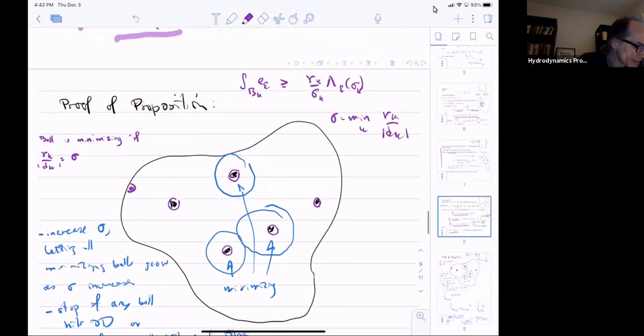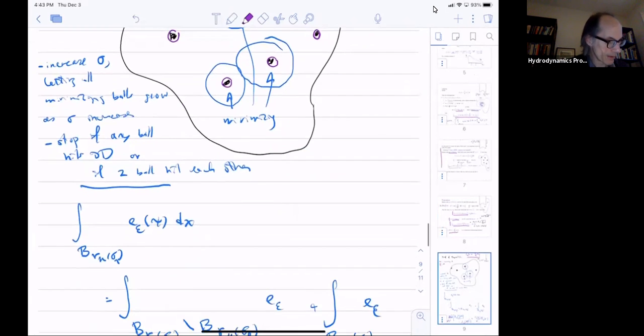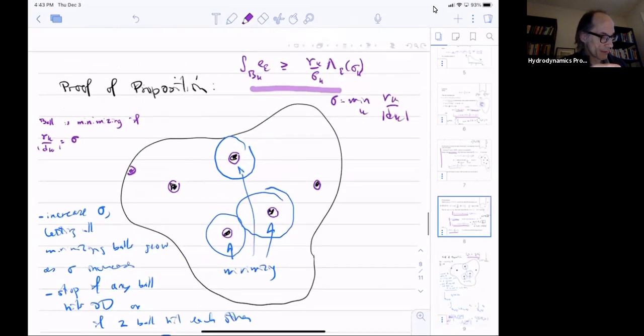Now consider a non-minimizing ball. And I want to show again that this inequality is true. For a non-minimizing ball, as I change sigma, the ball doesn't change.